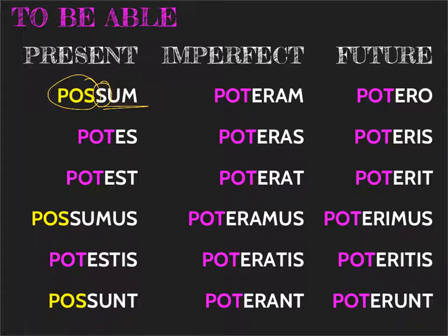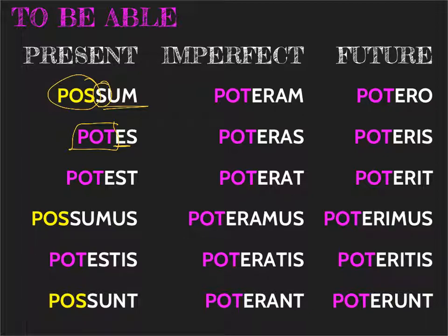Sum with the pos is I am able. And then if the form of to be begins with the letter E, all you have to do is add the prefix pot. So likewise, es without the pot is you are, and with the pot is you are able.